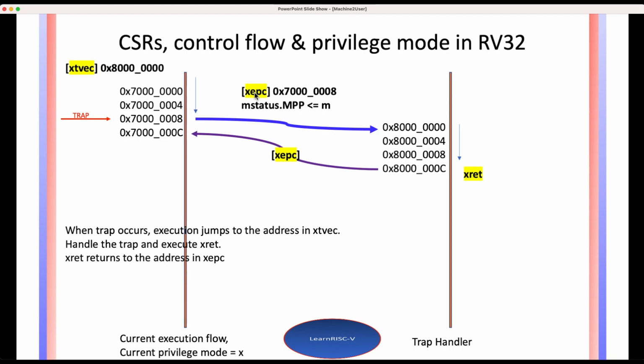These are CSR registers, and there is no CSR register named X. Instead, this X you can replace with any of the privilege levels, like UTVEC or STVEC for supervisor, and MTVEC for the machine mode trap vector. Same for SEPC for supervisor exception program counter, and MEPC for machine exception program counter.